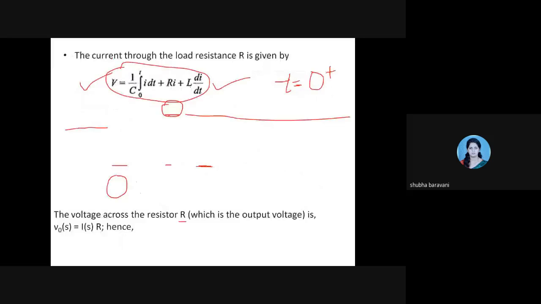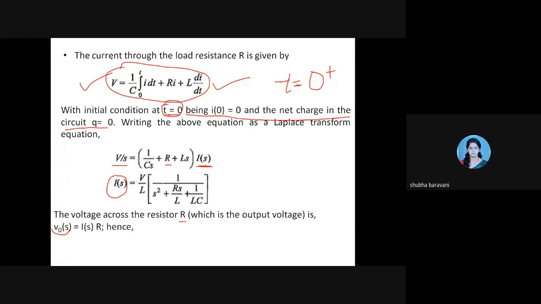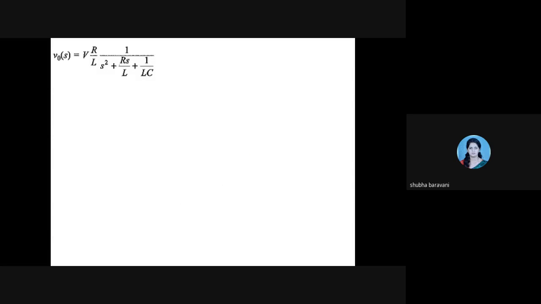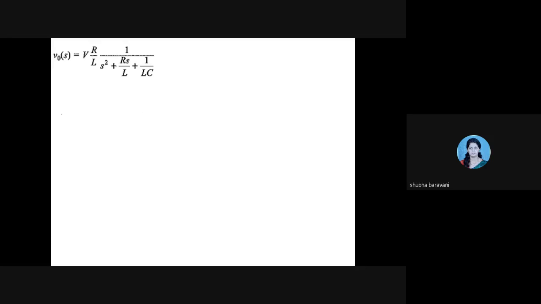Its Laplace transform I'll take, which is V naught of S. So V naught of S is equal to I of S into R. I of S I have already found here, so to calculate V naught of S, I take I of S and multiply this with R. So I get VR by L into 1 by this expression. Up till here, was it understood?